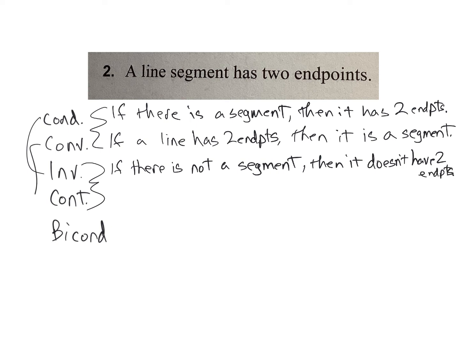And then the conditional and the converse go together. If a line doesn't have two endpoints, then it is not a segment.